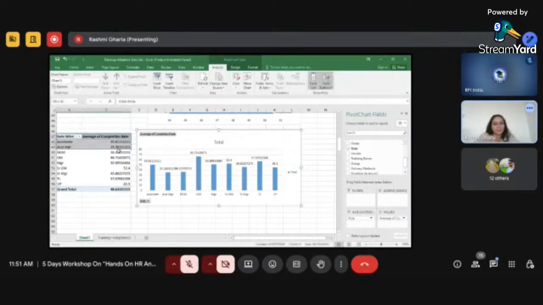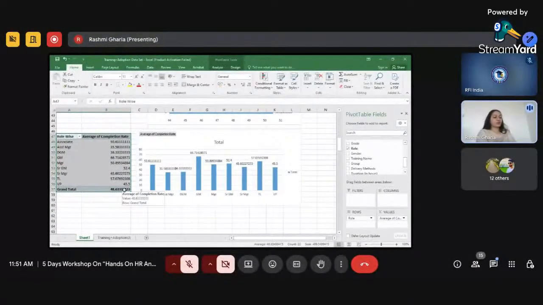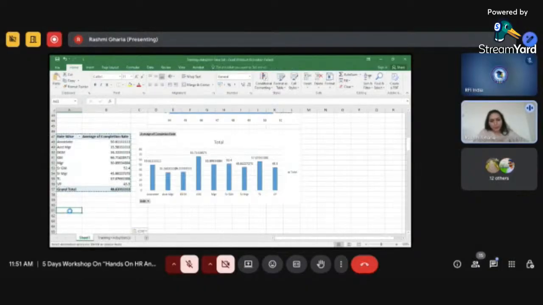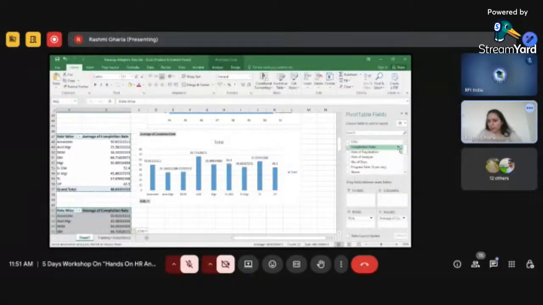So should we move now? Again, we need to understand why these people are not attending, why their adoption is less. So for that, again, I'm going to take another variable. Another variable is gender.